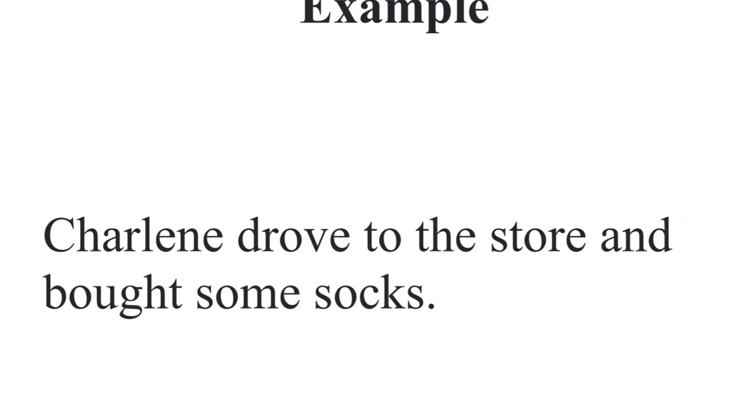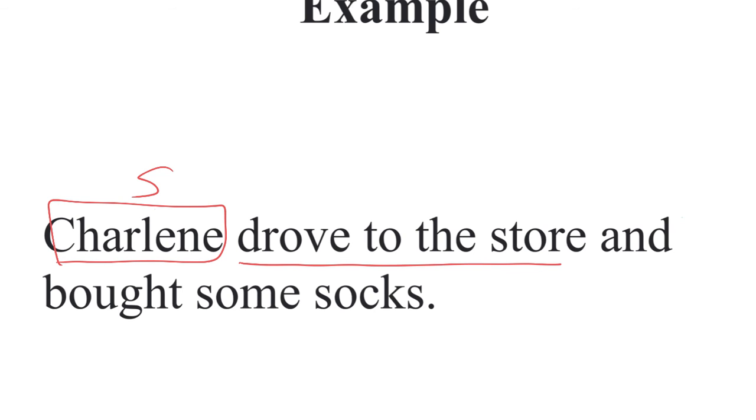Here's an example. Charlene drove to the store and bought some socks. Charlene would be the subject, and she did two things. She drove to the store, and she bought some socks. So they're predicate number one, predicate number two, because there are two distinct verbs here. So she's doing two things.